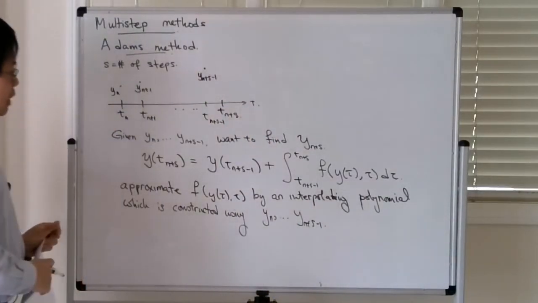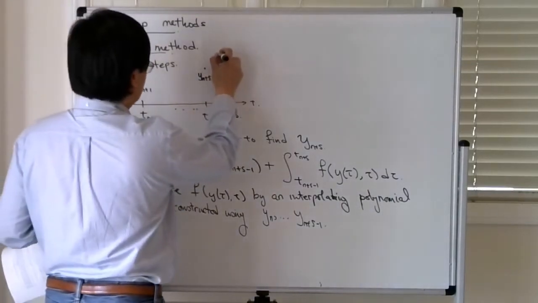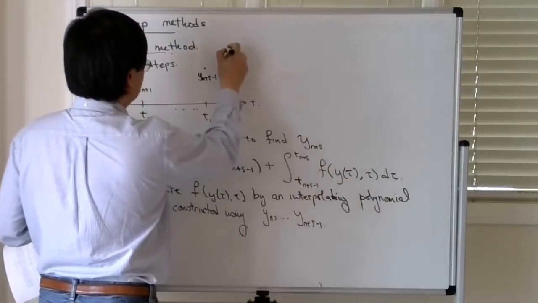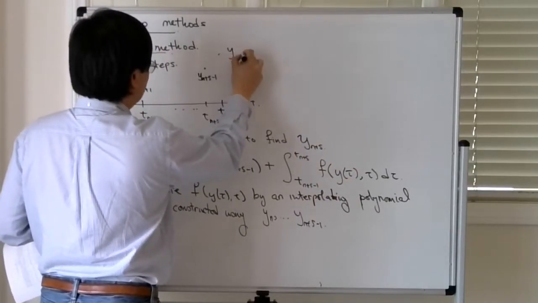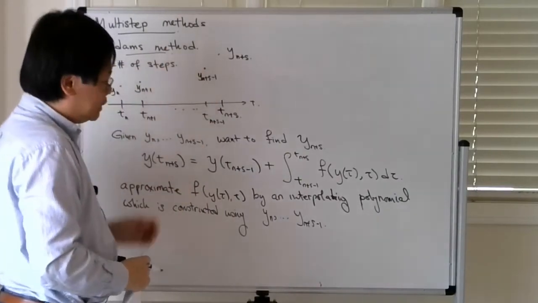Okay, and in fact it's even possible to formally construct that interpolating polynomial using the as yet unknown solution at the new time, which is yn plus s.